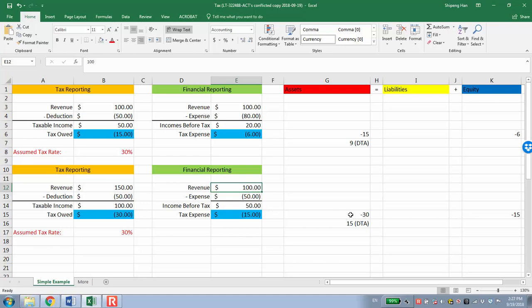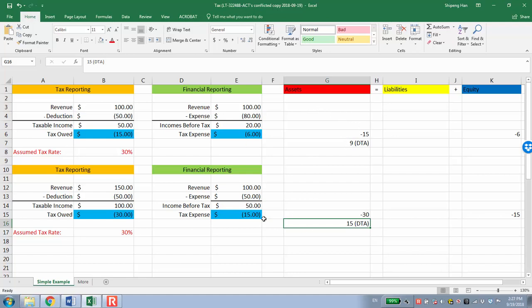This also will result in deferred tax assets because the company paid $30 cash but only recognized 15 as expense. So the difference is a $15 prepayment to the IRS, which is recognized as assets. So these are the two circumstances in which the company recognizes deferred tax assets.